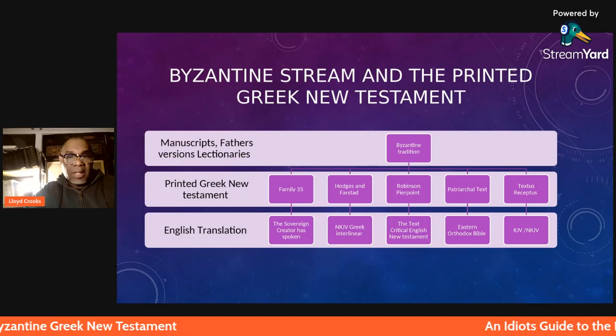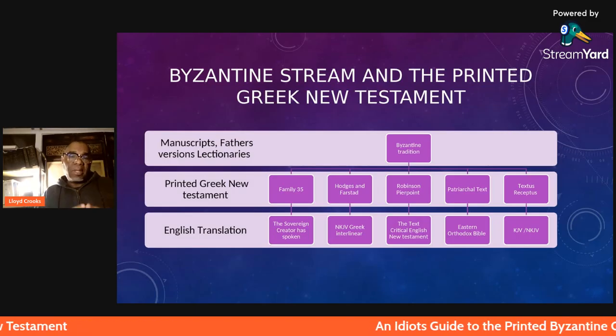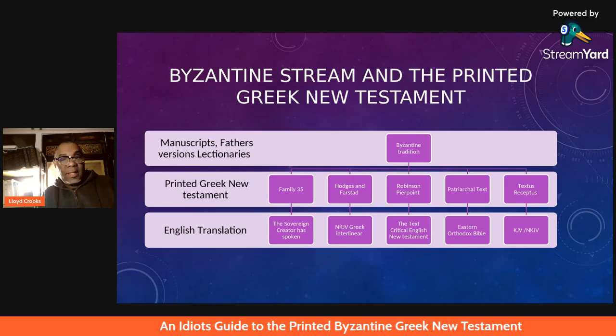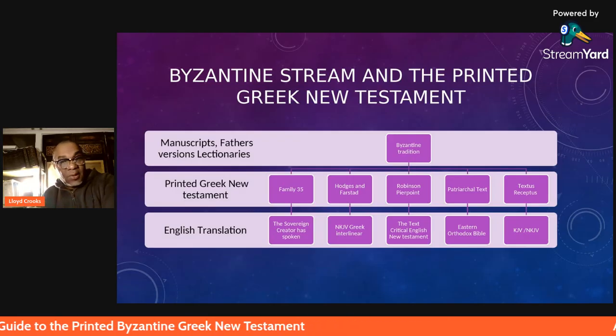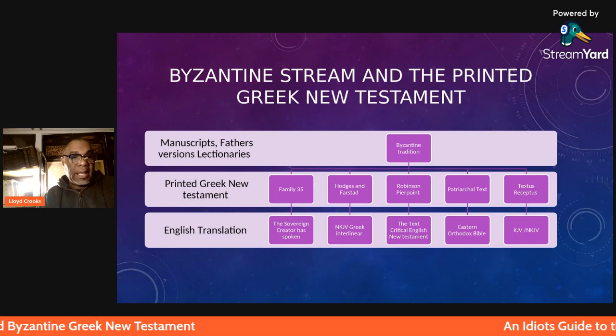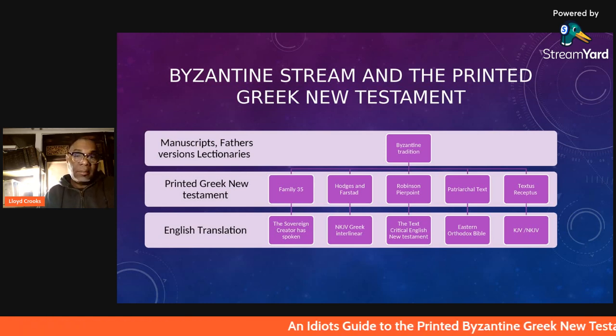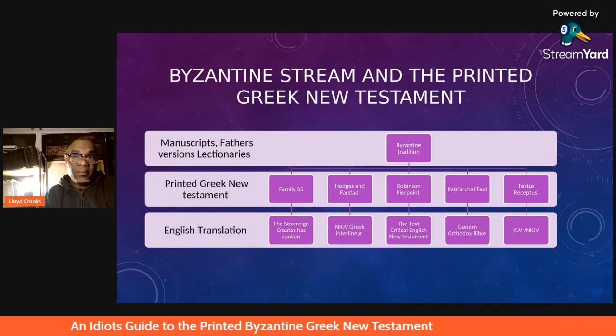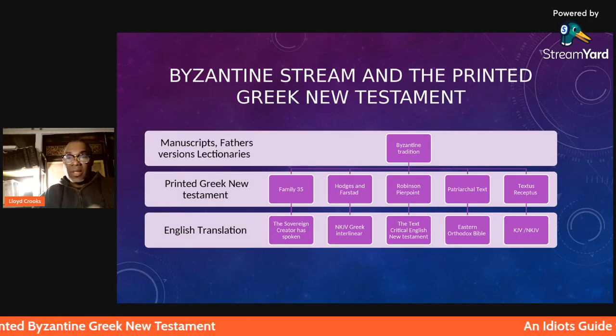Okay, so in terms of English translation, Wilbur Pickering did his own one called The Sovereign Creator Has Spoken. Hodges and Farstad, the NKJV is actually based on the Textus Receptus. So the reason why I put that there, he did produce an interlinear, all right, but really when it comes to mainstream Byzantine English translation, it's the King James, New King James.